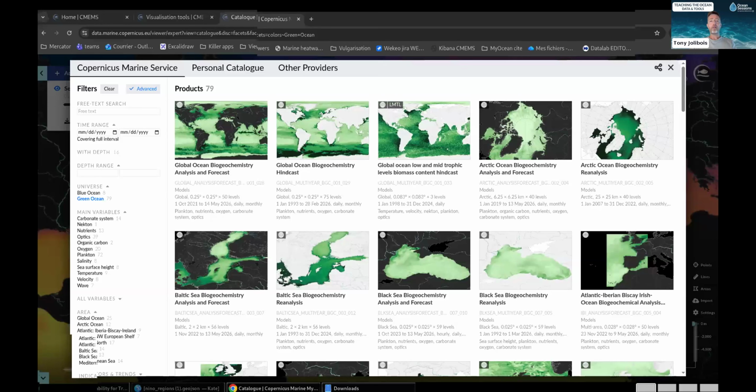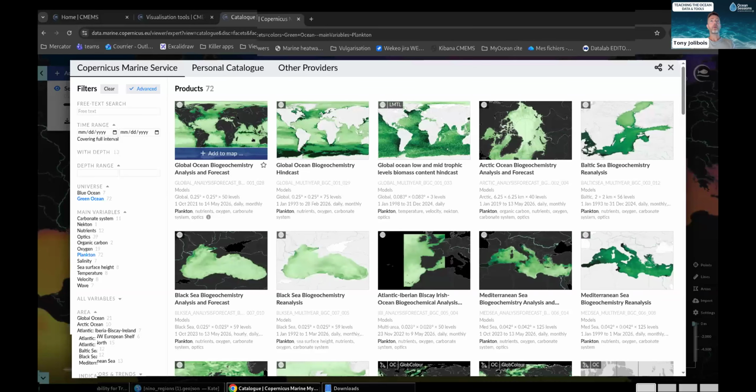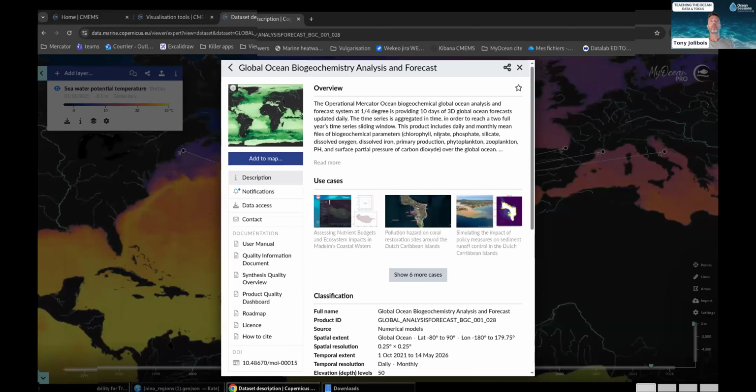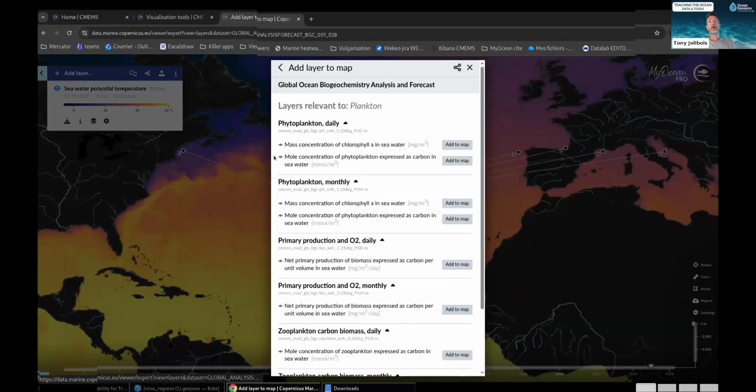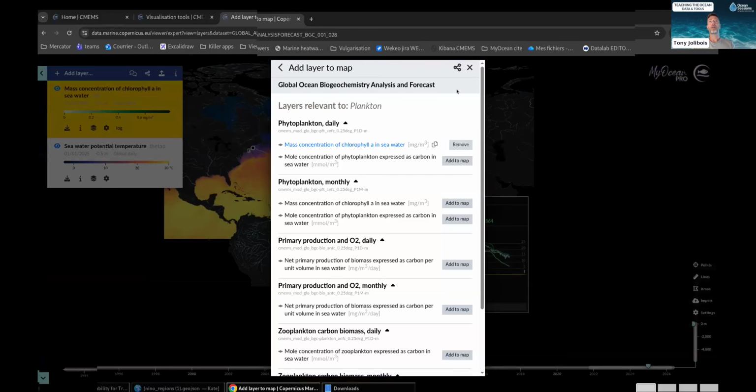So an example on how the tool can be used to teach the ocean: the bloom of phytoplankton in the North Atlantic Ocean. To do that, I can select plankton, and here I reach the model output, the biogeochemistry analysis and forecast, and I can add to map the phytoplankton daily.